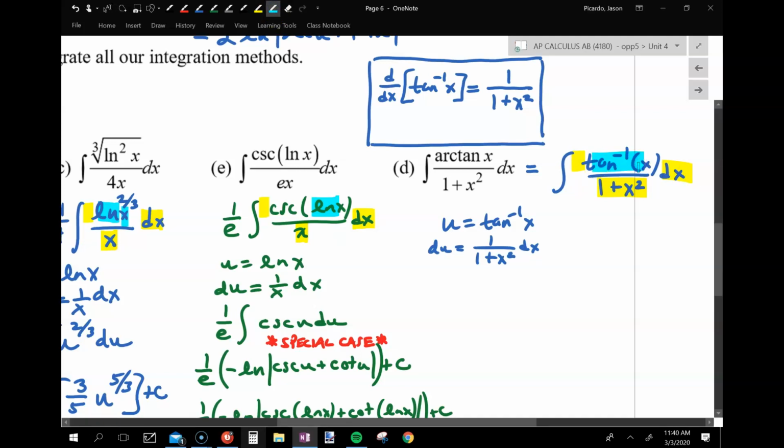My u is just that, right? So all this would be is the integral of u du, which is a half of u squared plus c, or in this case, that.